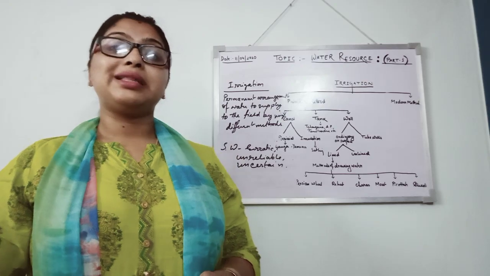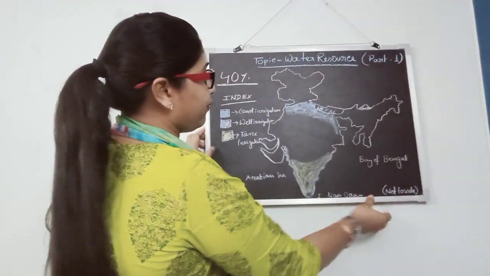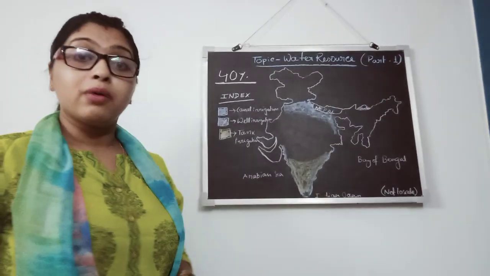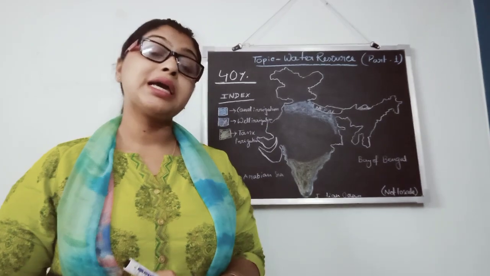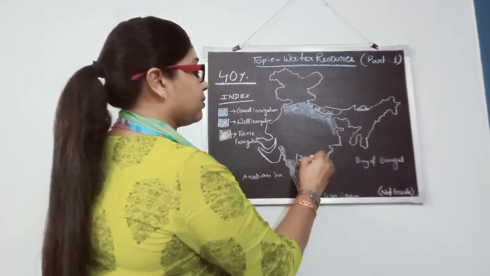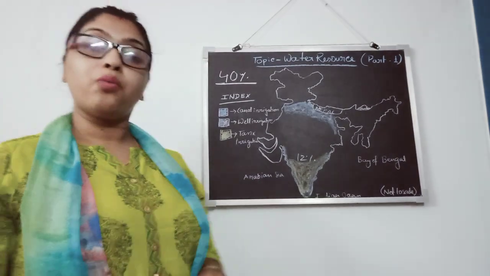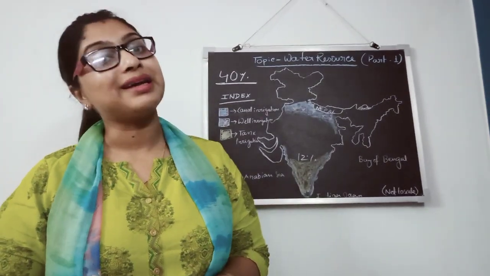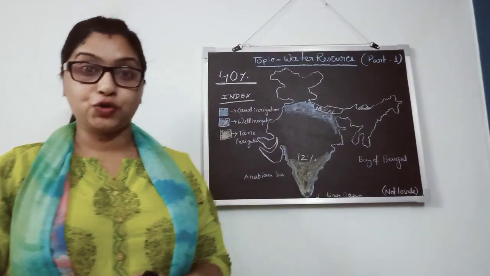So here in the southern part of India, basically the Deccan Plateau side, we can see this tank irrigation. 12% of the irrigated water is supplied to the agriculture field from tank irrigation.